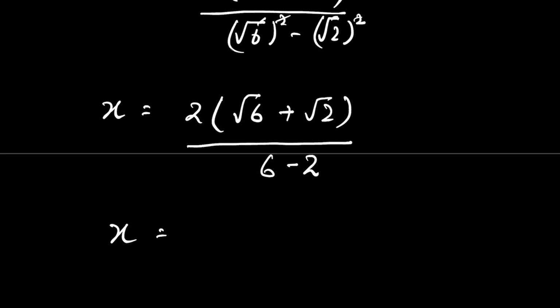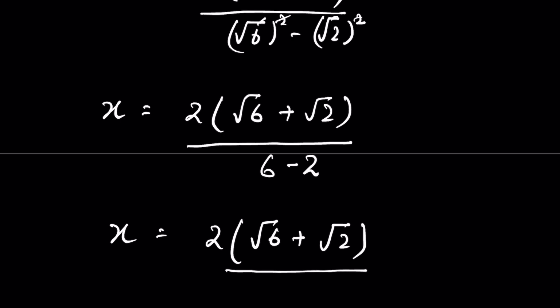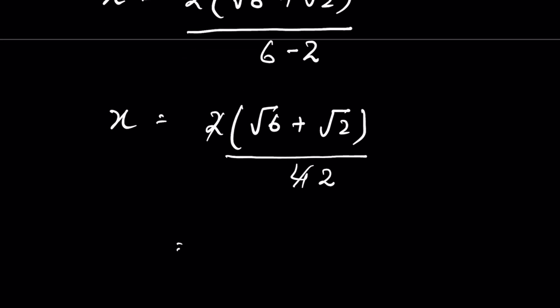Or x is equal to 2 times square root of 6 plus square root of 2 upon 6 minus 2, which is 4, and 2 times 2 is 4. So the answer is square root of 6 plus square root of 2 upon 2.